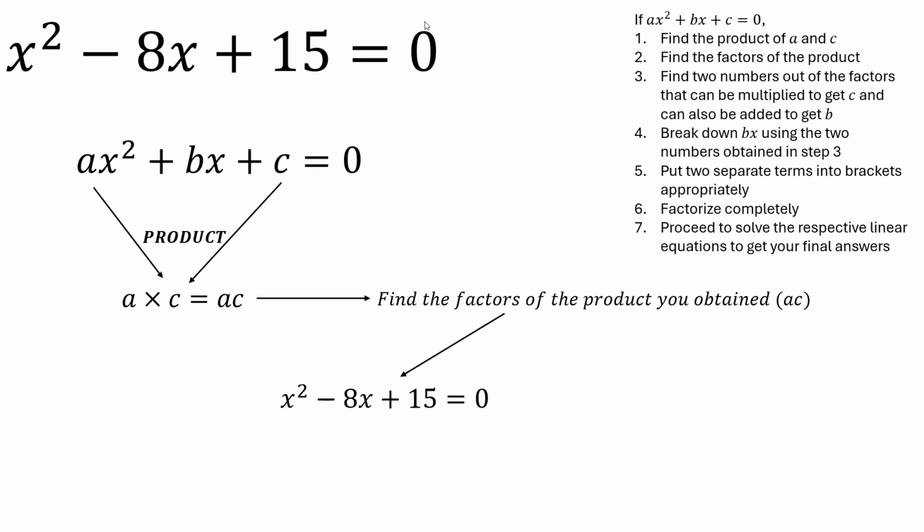Finding the product of A and C. From the question, the coefficient of x squared is 1 and the constant is 15. So A is 1 and C is 15. If you find the product of 1 and 15, that's going to give you 15.